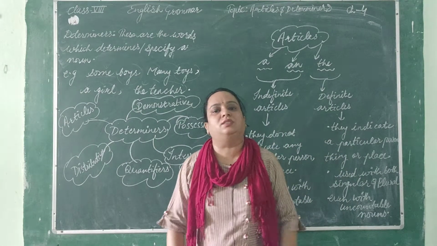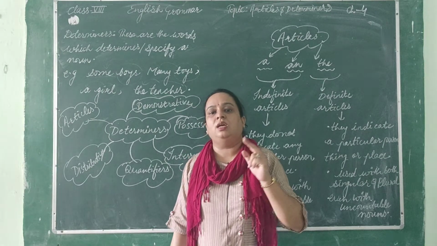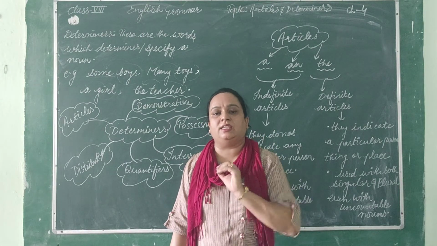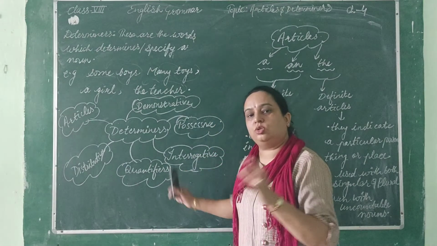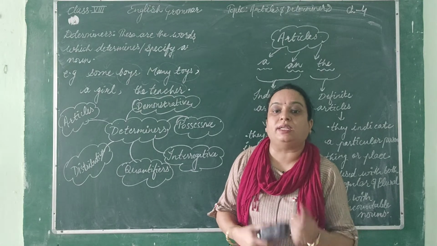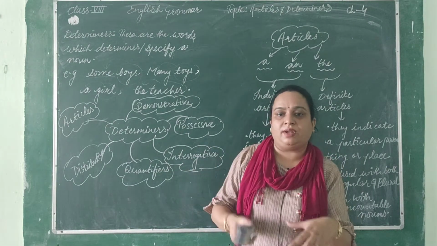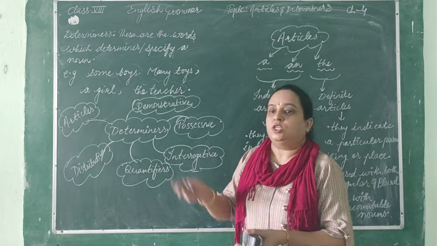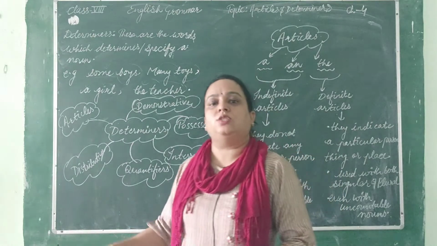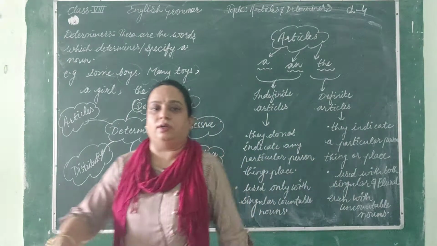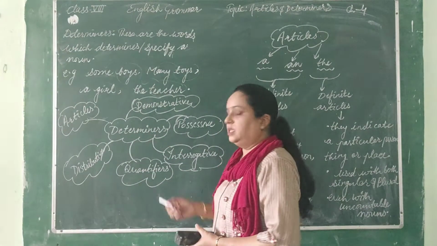Next one is quantifiers. When we did adjectives, we did two kinds: adjective of quantity and adjective of number, right? So here a quantifier is also something which tells us the quantity of something, whether definite quantity or indefinite quantity, that we have to see. So when something tells about quantity, that will be a quantifier.